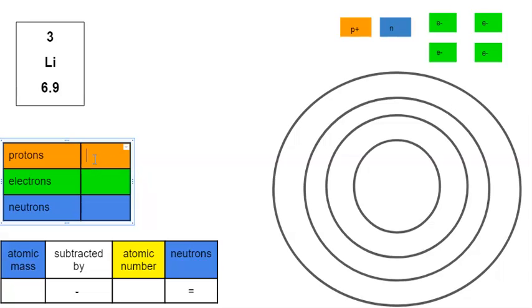Okay, so you found that there are 3 protons from the atomic number. You know that on the periodic table, protons and electrons are the same. And you took 6.9, which rounds to an atomic mass of 7, subtracted the atomic number of 3, and that gave you 4 neutrons.